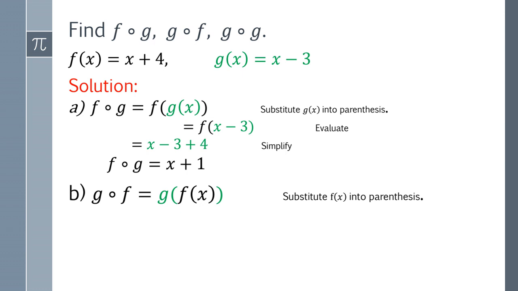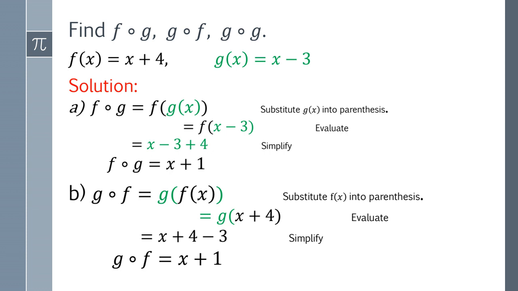First I substitute what f of x is, since f of x now goes inside, and f of x is x plus 4. So now I'm going to evaluate. Everywhere I see x for my function g, I'm going to plug in the x plus 4. So then we have x plus 4 minus 3. Now I simplify again, and I have x plus 1.